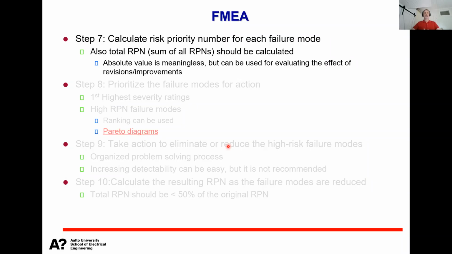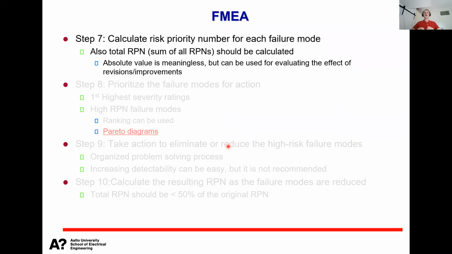So let's say if you have a failure where you have given severity 1, occurrence 2, and detection 1, then it's 1 times 2 times 1, which is 2. It's extremely low, and then you have 50 of those, and you just sum them up, and then you get the total RPN number. The absolute value is in that sense meaningless because it's dependent on how many modes and mechanisms you pick.